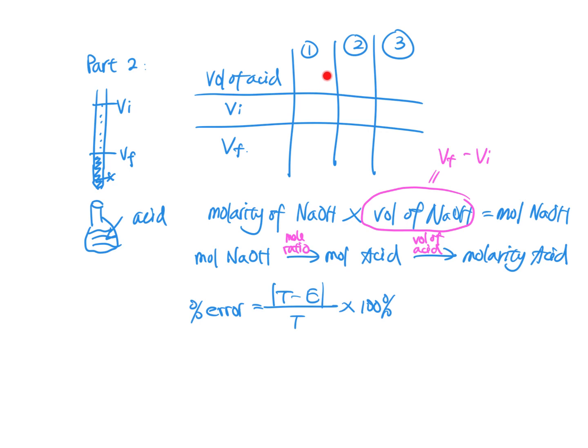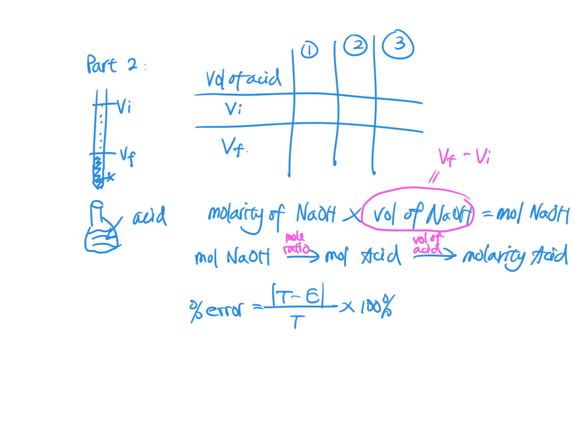You can figure out the amount of NaOH you used. Because now you already know the molarity of NaOH from part 1, multiplying that by the volume of NaOH used here gives you the moles of NaOH used for part 2. From moles of NaOH, using the mole ratio, you can find moles of acid, whichever acid you are using for this part.